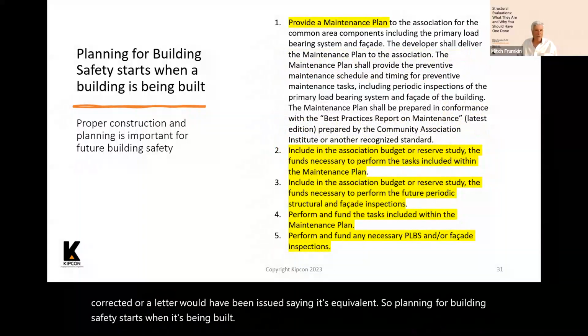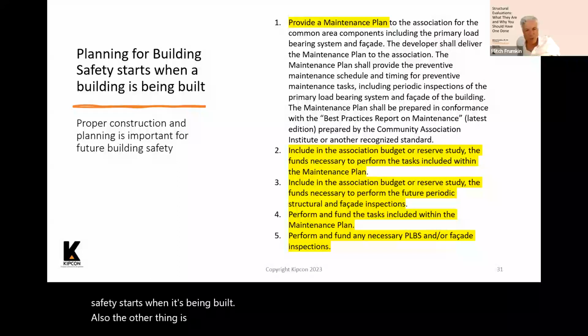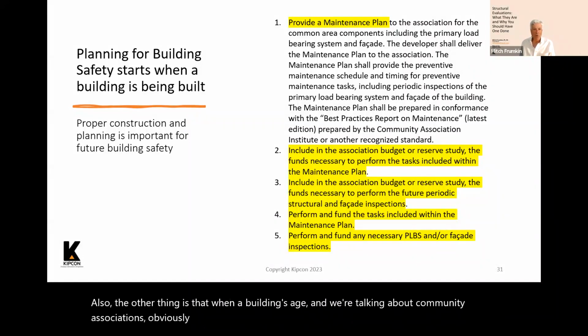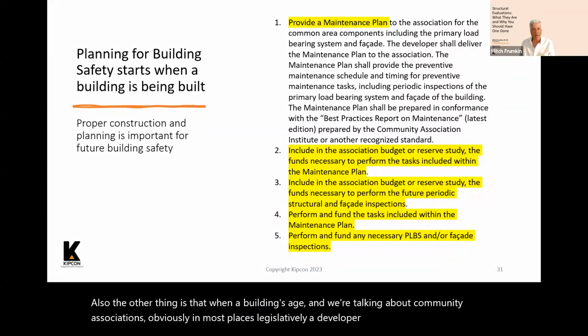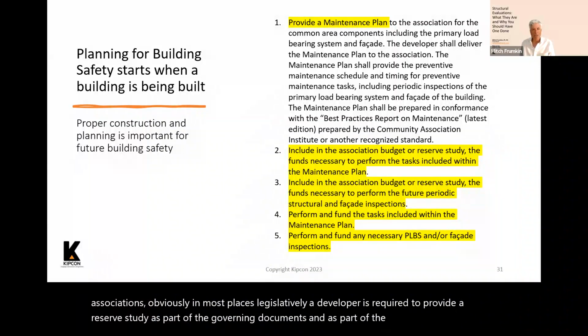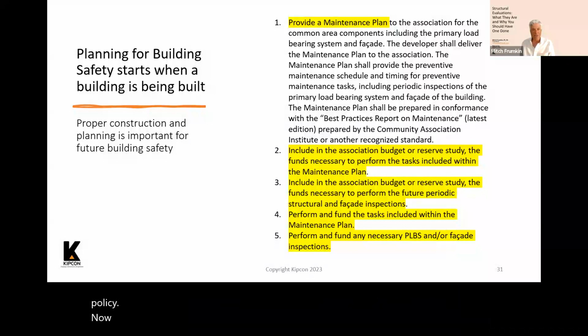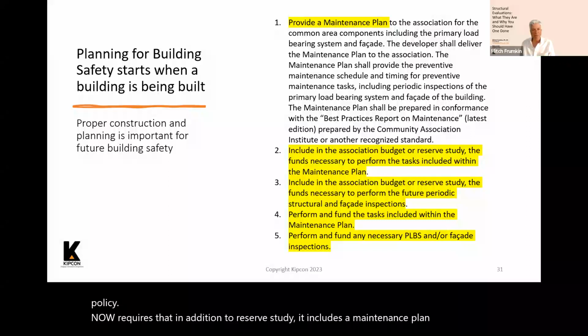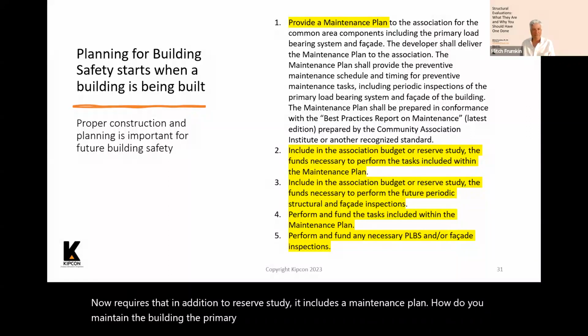Also, when a building ages, and we're talking about community associations, in most places, legislatively, a developer is required to provide a reserve study as part of the governing documents and as part of the initial budget. The public policy now requires that in addition to a reserve study, it includes a maintenance plan. How do you maintain the building, the primary load-bearing system, and the facade?